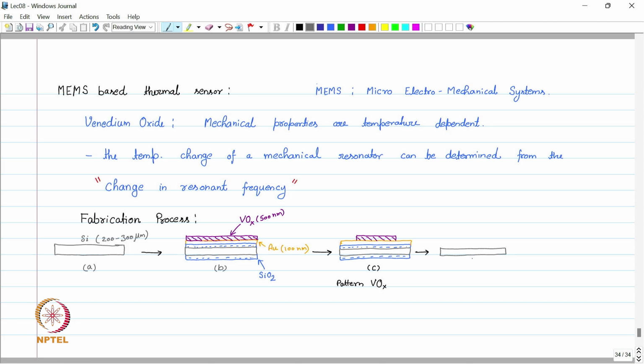We kind of etch the silicon from the bottom. So our oxide looks something like this. This is our oxide.